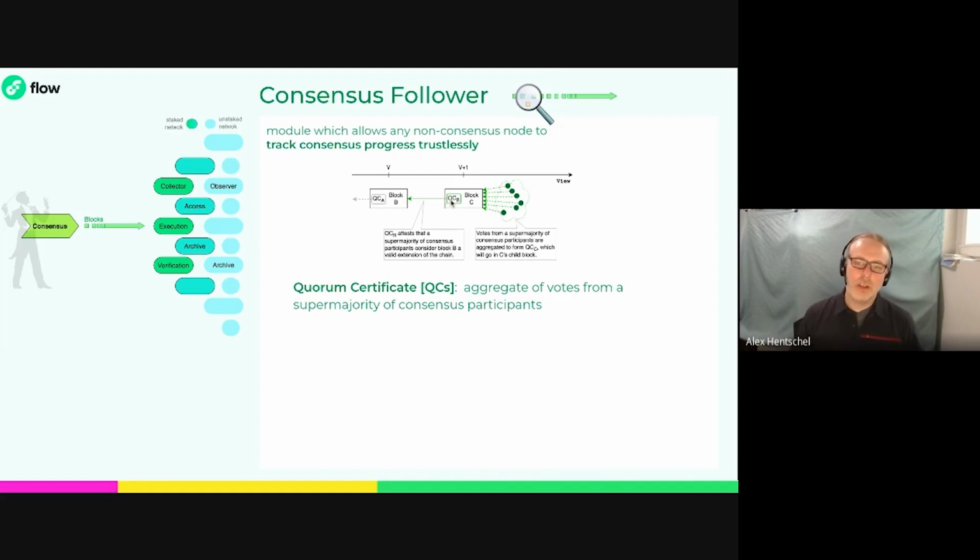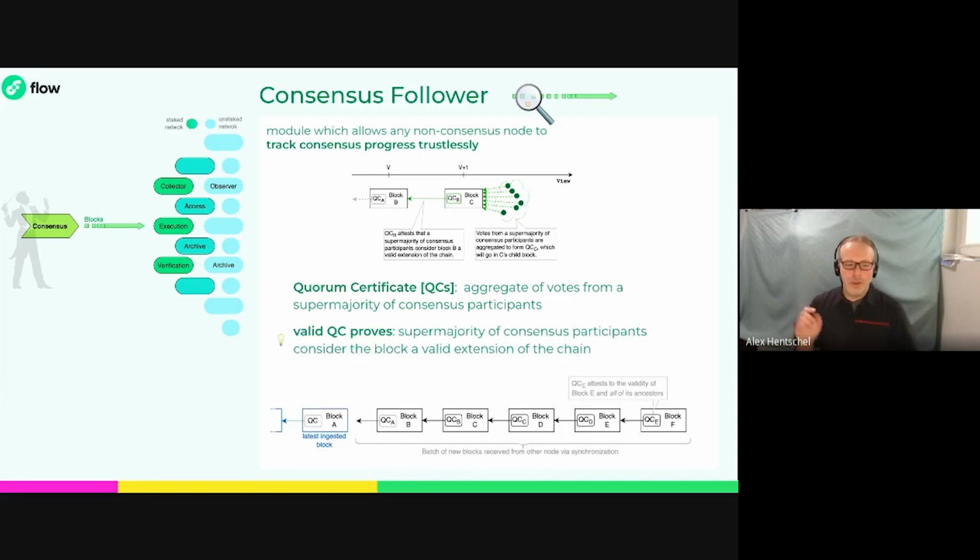So you see here that the QC for block B is actually in B's child block. The core insight here is that the QC attests to the validity of the block. So the QC E in this example attests to the validity of block E, even though the QC is included in the child block.